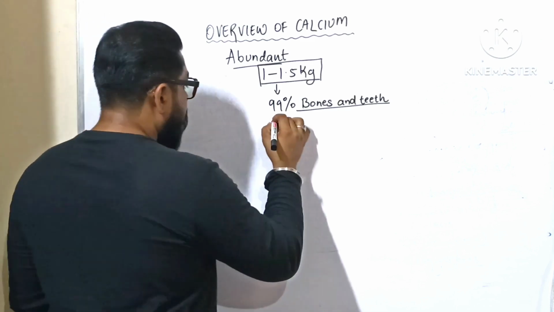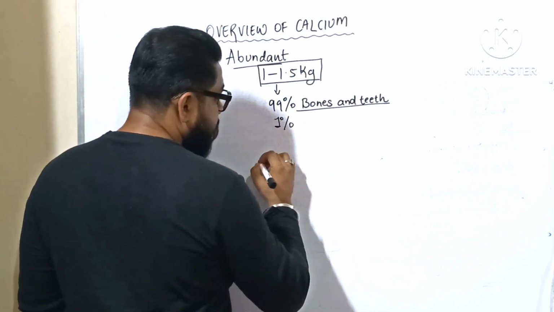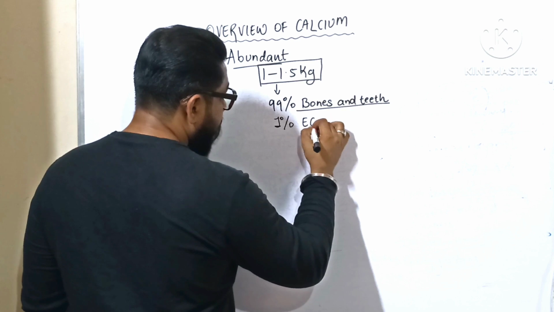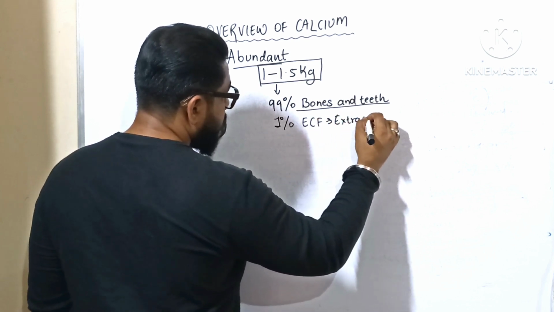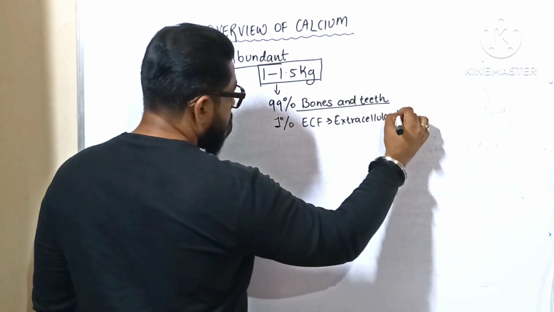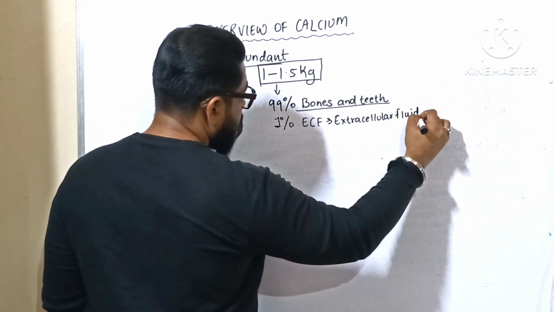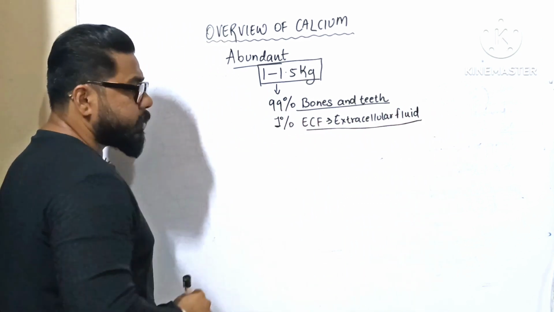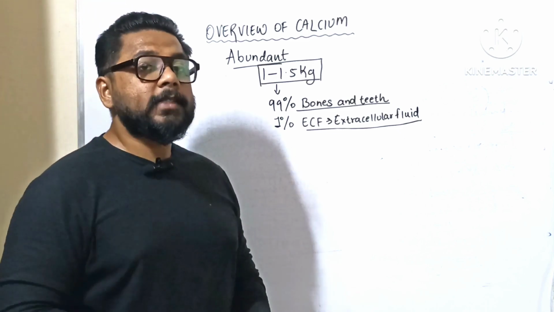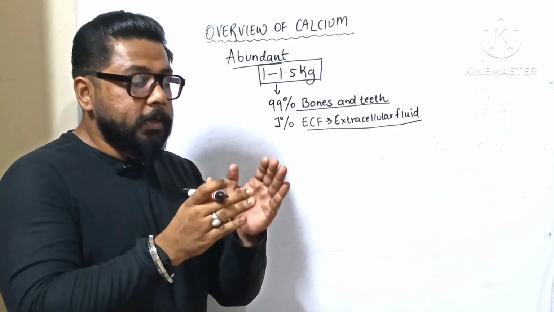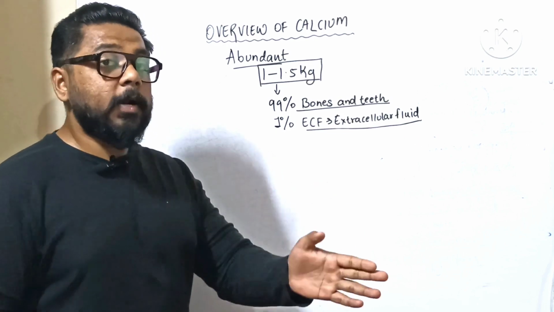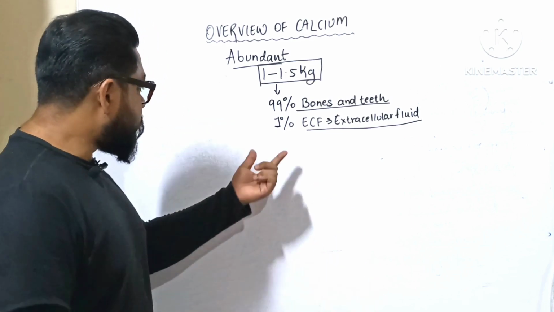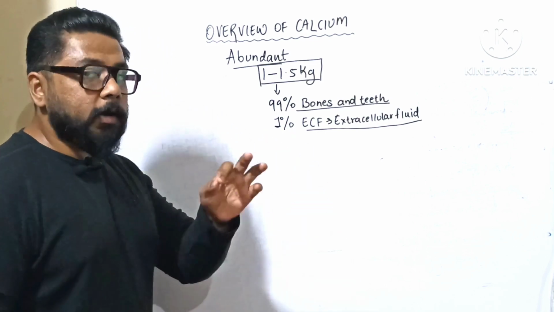The remaining 1% of calcium is stored in the extracellular fluid. What do we mean by extracellular fluid? It is the fluid present outside the cell, which you can also call blood plasma. This 1% is the part being regulated by the body.